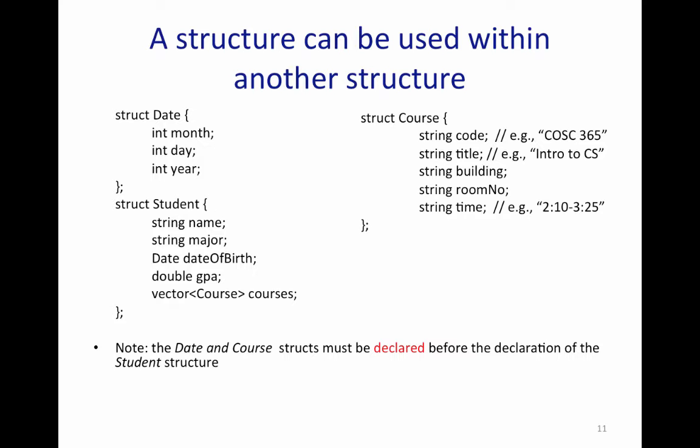When you associate the variable with date, do you have to associate the variable before the struct, or can you do it in main? Like your date of birth. Mm-hmm. Do you have to do that in main, or do you have to do that before? You mean assign a value to date of birth? So that is done in main. Okay, so when you declare a struct, you can't provide values for the variables.